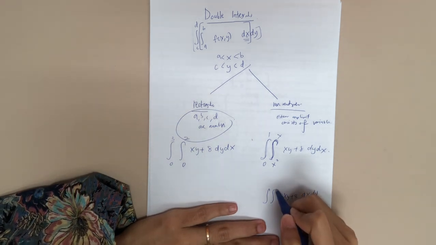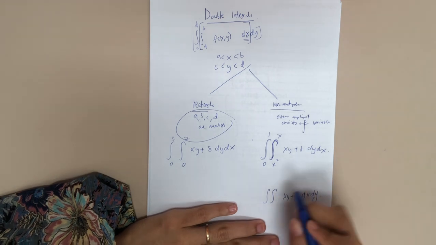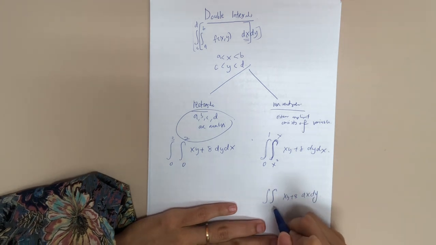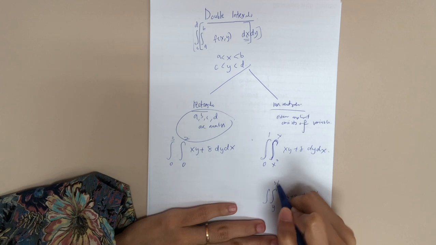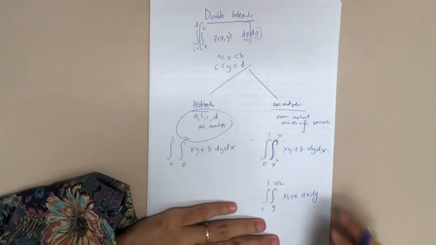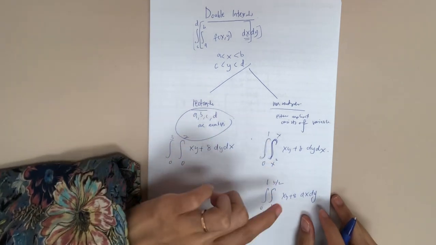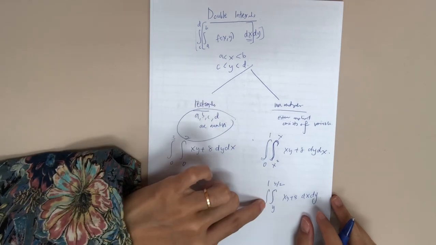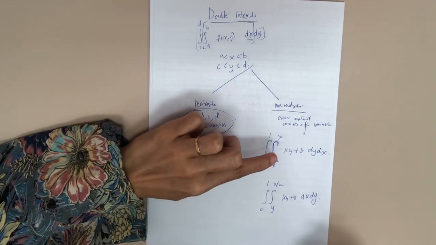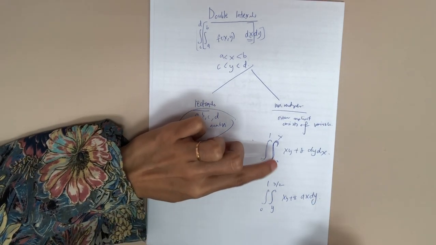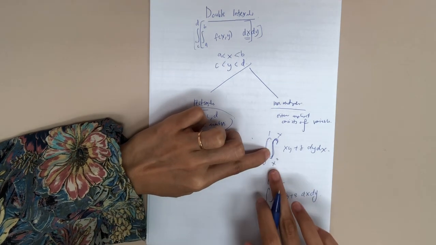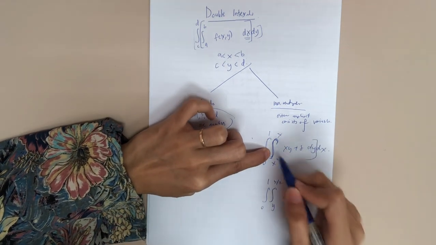The inside one must consist of a variable, like I said. Now let's say I give you another one, y over 2 to y, with 0 to 1. Can you spot the difference between this one and this one? For the limit that consists of a variable, the inside one, here it is x squared to x, and this is dy.